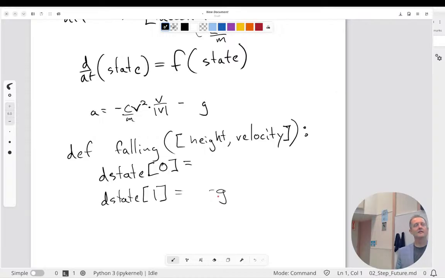I'm confused about the 0 and 1, like state 0 and state 1. What is the number inside the brackets? Oh, this is index 0. This is index 1. So I'm indexing, and I didn't initialize anything, but I was just whiteboard coding the general idea of what I want to do. When I say d state 0, it's my very first input, so it's the change in my height.